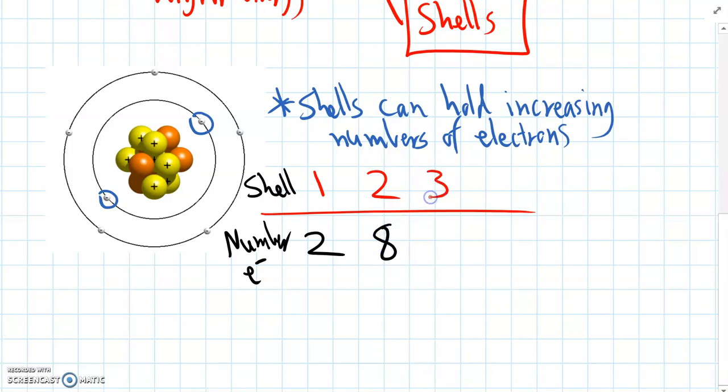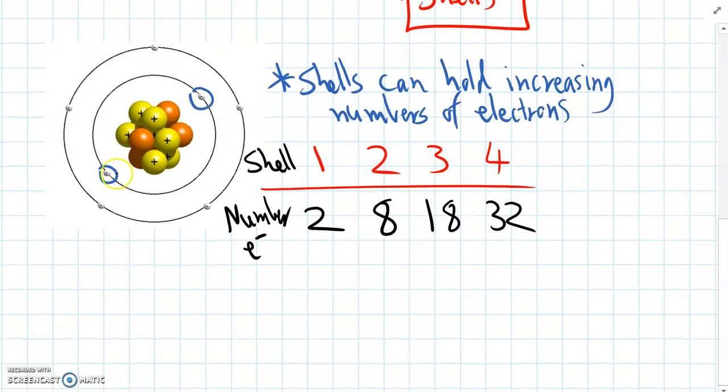The third shell can hold 18. And the fourth shell can hold 32. So if an atom has at least 2 electrons, we'll find 2 in that first shell, and then we'll have to move out to the next shell, and that will hold the next 8, and so on.